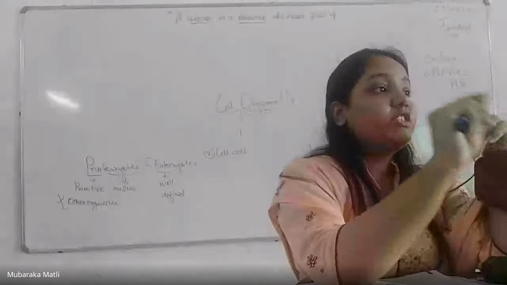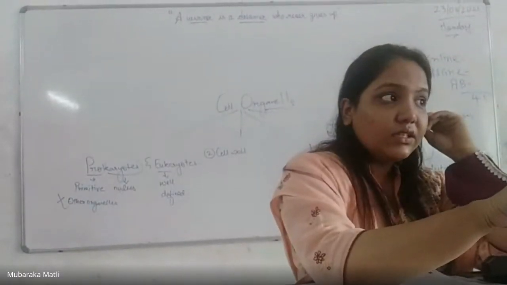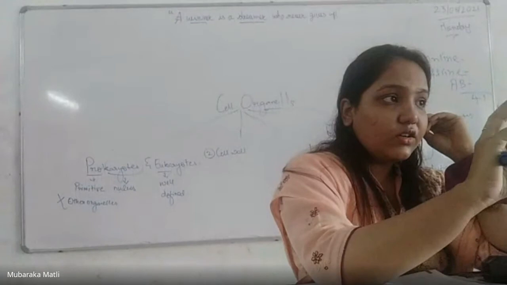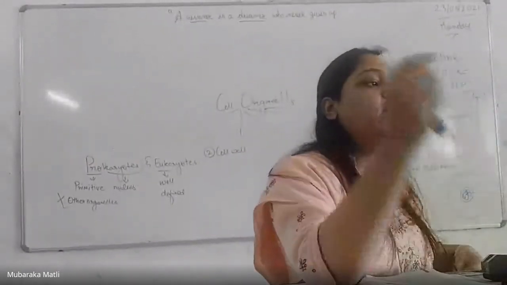We are talking about cell or cell organelles in those organisms. The nucleus will not be well defined, and also other organelles will not be well defined. And what about eukaryotes? In eukaryotes, the cell also will be well defined, the nucleus will also be well defined, and the cell organelles will be well defined. Okay?